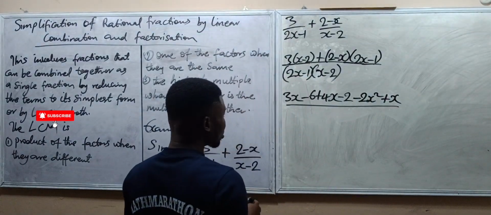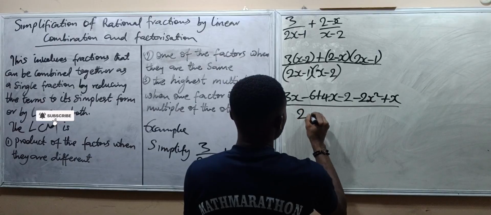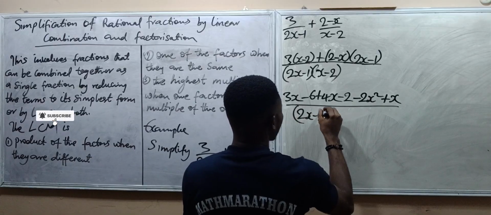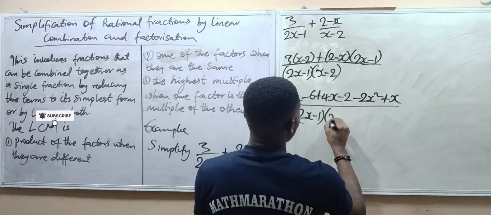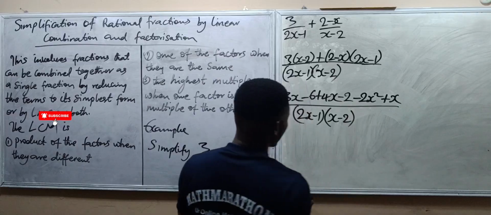Then all over, we still have 2x minus 1 times x minus 2. We leave this one like this first.